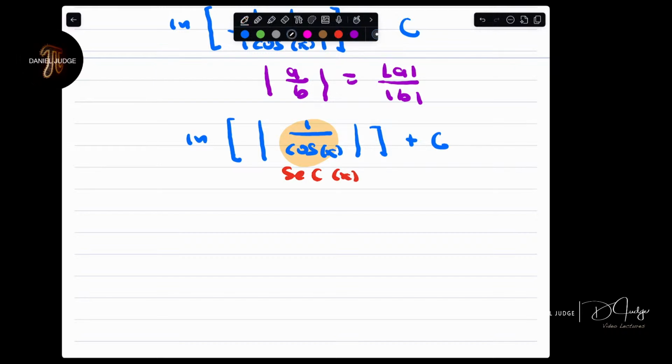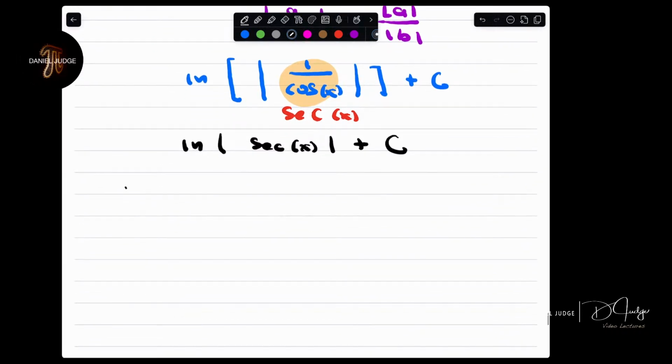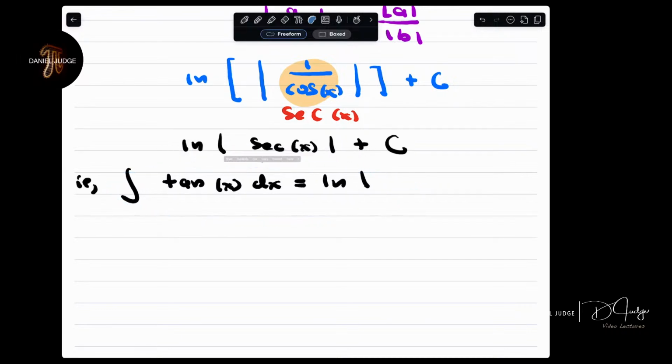So altogether, this very famous demonstration now, that when you integrate tangent, let me write it this way here, that the formula you get for integrating tangent is the natural log absolute value of secant plus c.